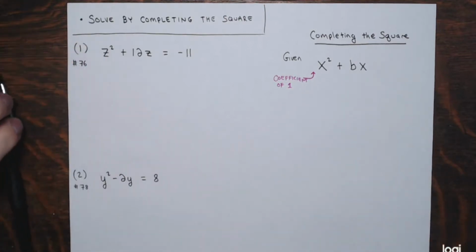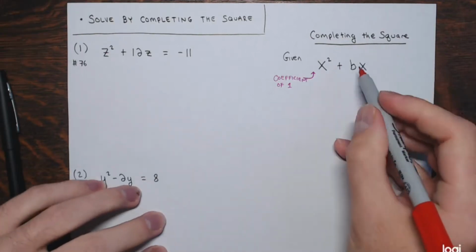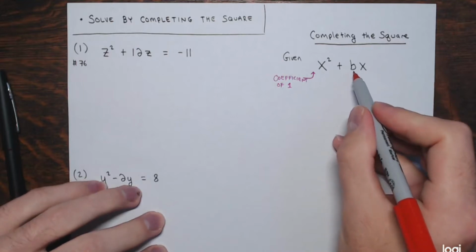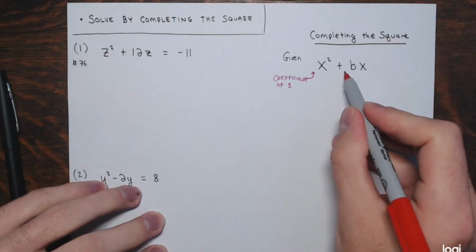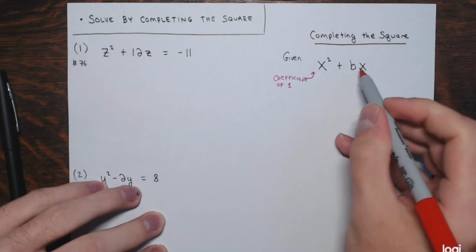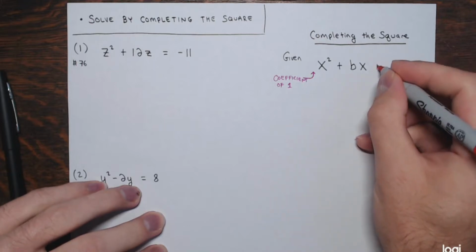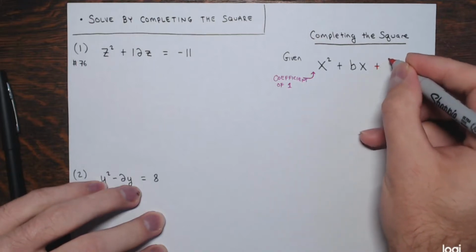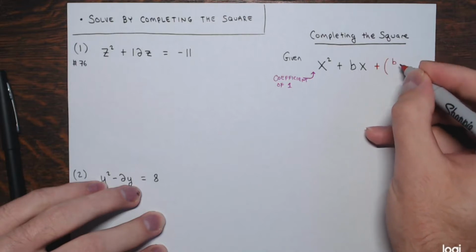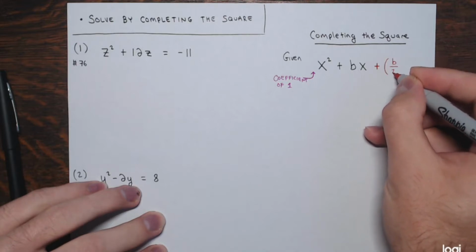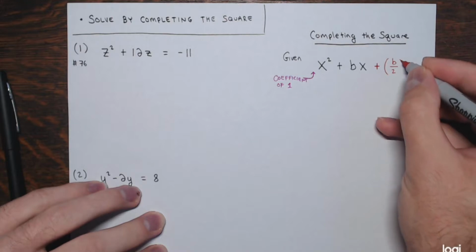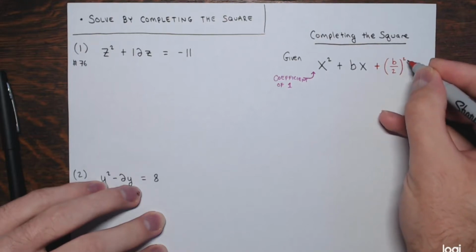In order to complete the square, you're going to take the linear coefficient, the b, cut it in half and then square it. So b divided by 2 or times a half, and then squared.